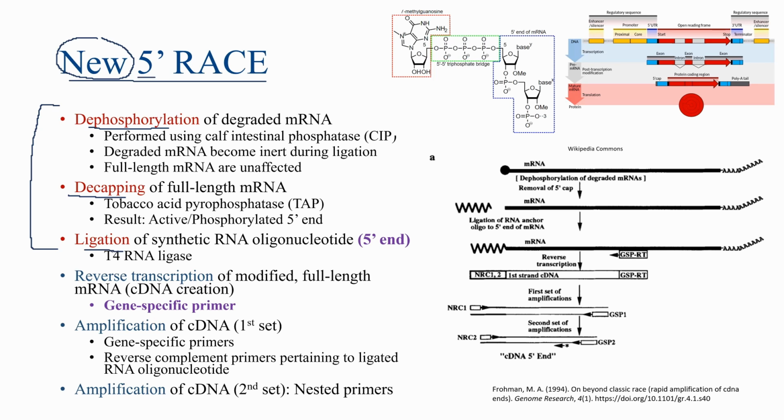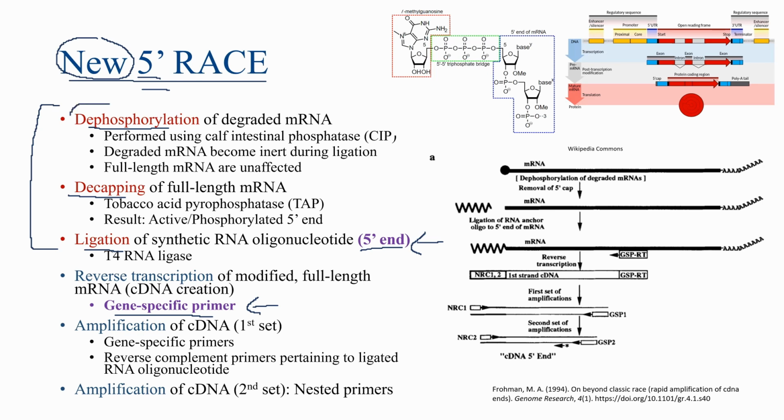The only difference between the new 5' RACE and the new 3' RACE will be here in the ligation step, as well as here in the reverse transcription step. And you can see that I highlighted the differences between the new 5' RACE and the new 3' RACE in purple. I'll get into that in a bit.